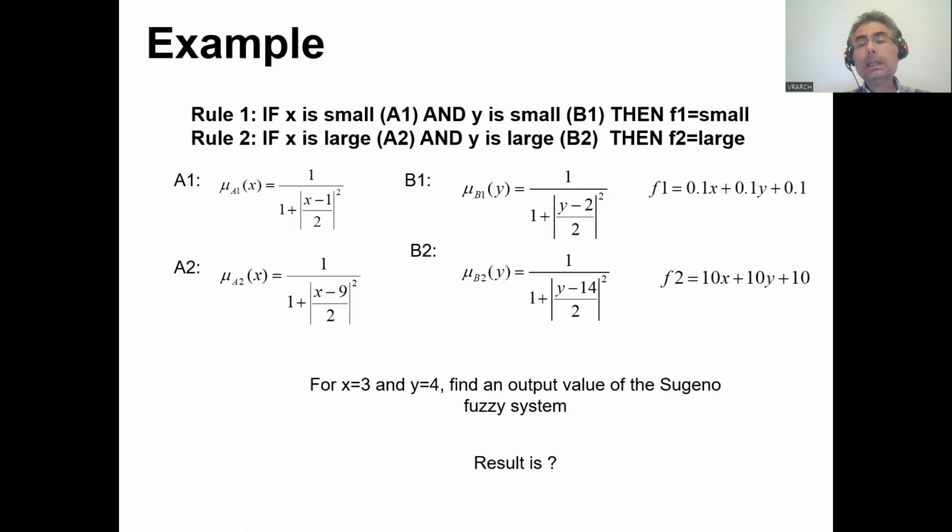So let's say we finished another example here, and we come up with membership functions for 2 different sets of rules, and we'll make the calculation. This is just an illustration, an example to show you how the system can be used to give you an output.